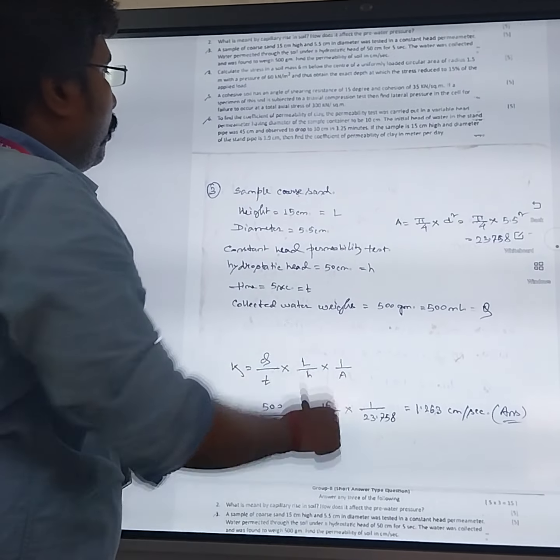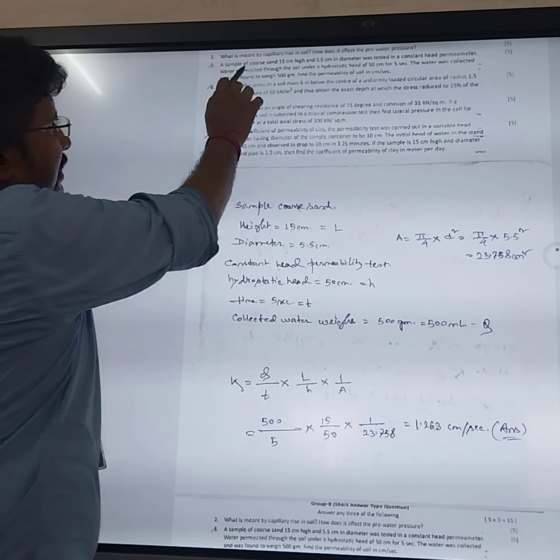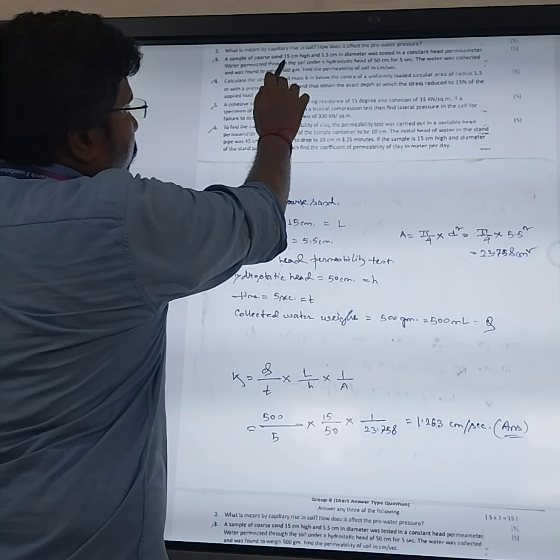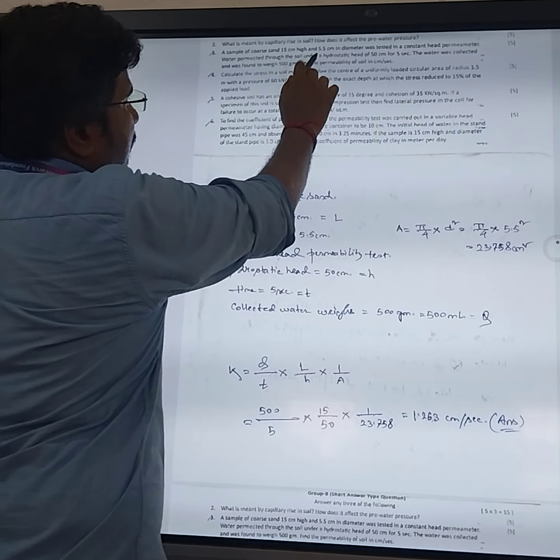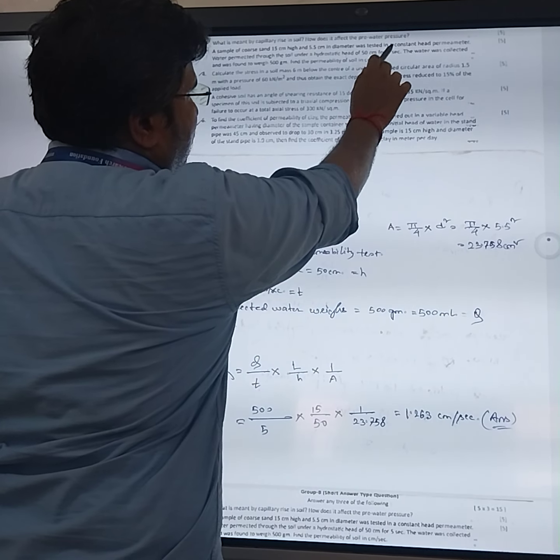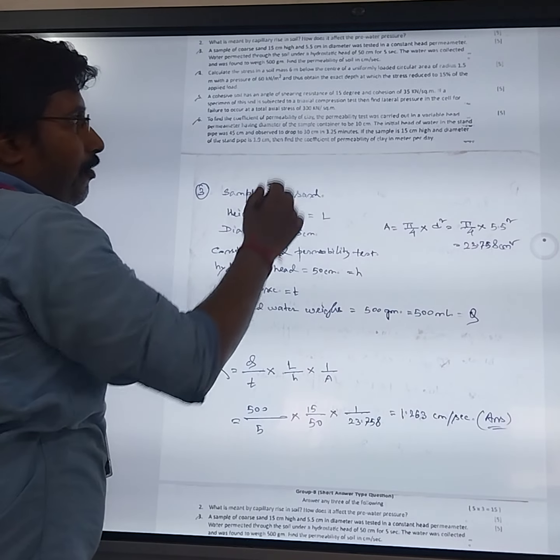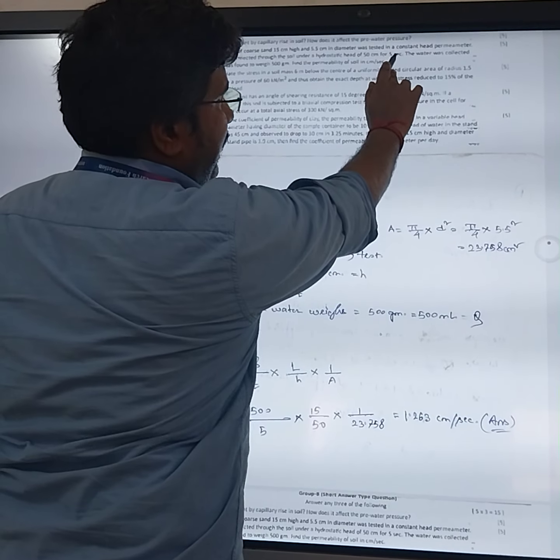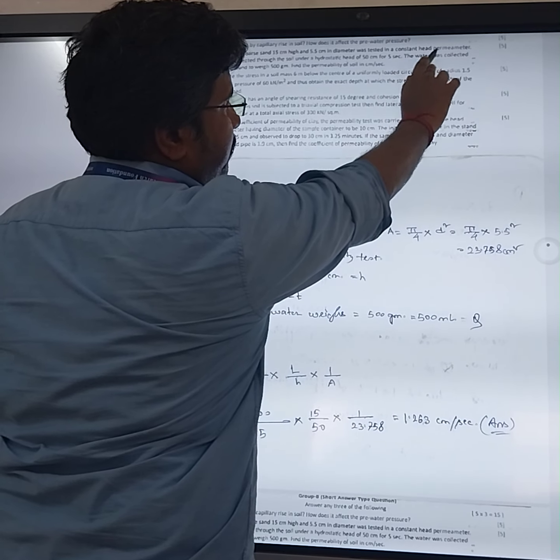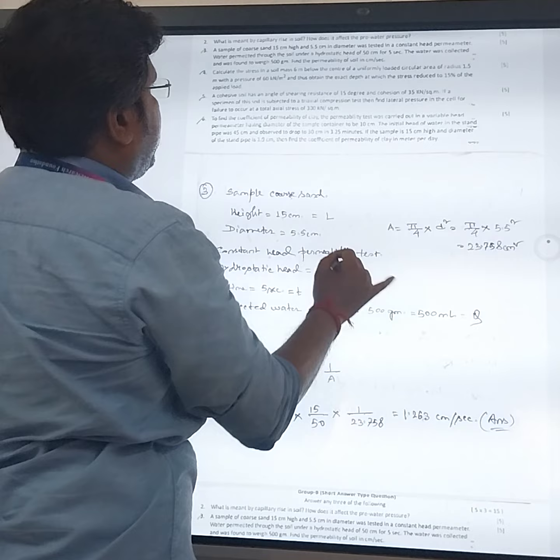Now coming to Group B. First question: a soil sample of coarse sand 15 cm high and 5.5 cm diameter was tested in a constant head permeameter. So the test will be a constant head permeability test.